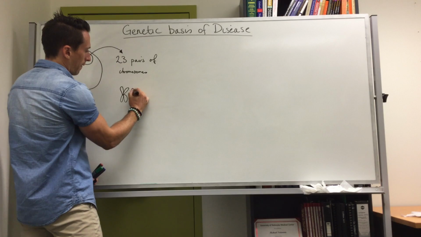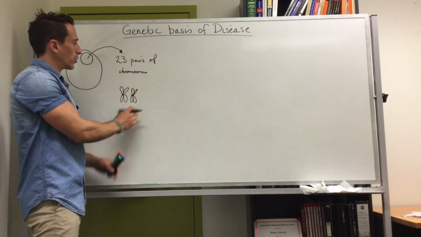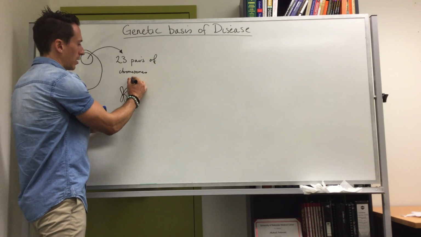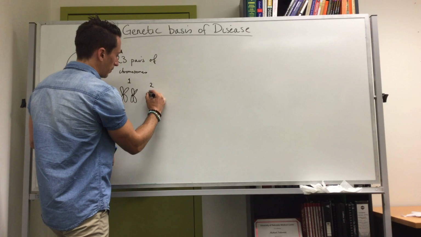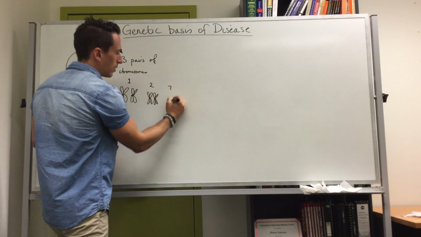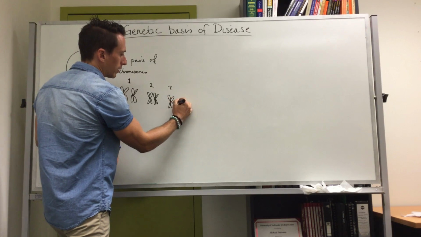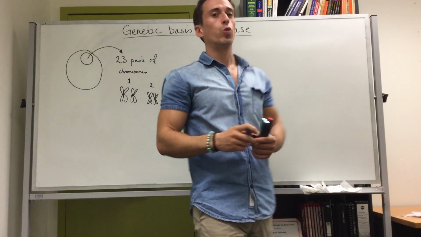We're not going to focus too much on the anatomy of a chromosome, but you'll find that there's going to be a pair of chromosome 1, a pair of chromosome 2, a pair of chromosome 3, and so on, all the way down to 23 pairs.